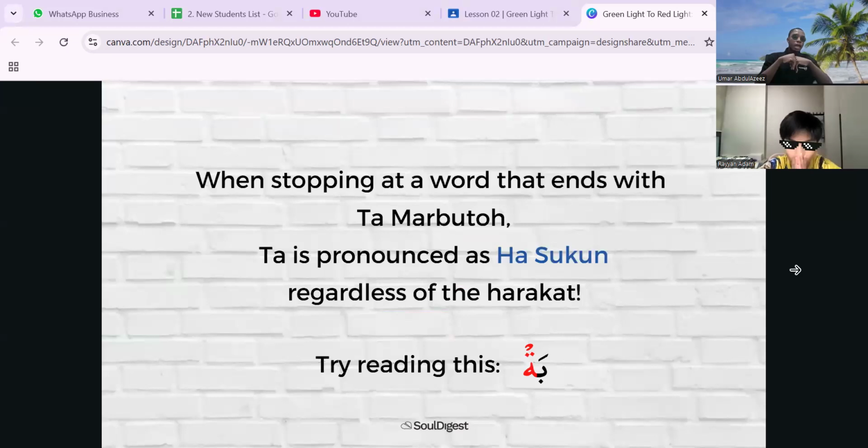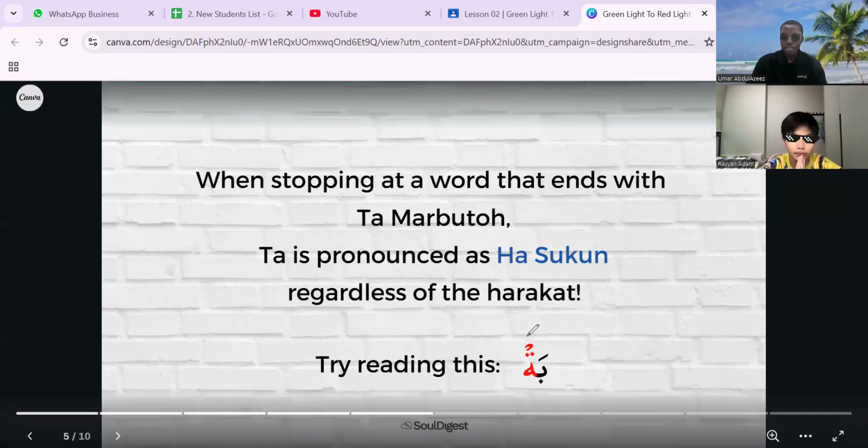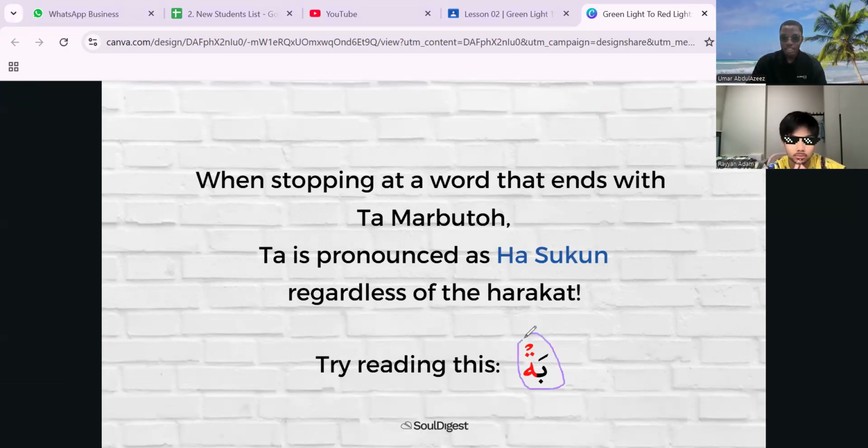When stopping at a word that ends with ta marbuta, the ta will be pronounced as sukun, regardless of the haraka. Try this. How are you going to pronounce this? Bah, right? Good.